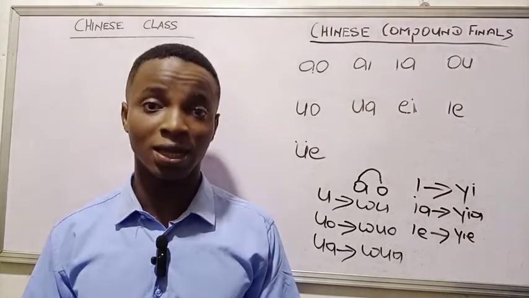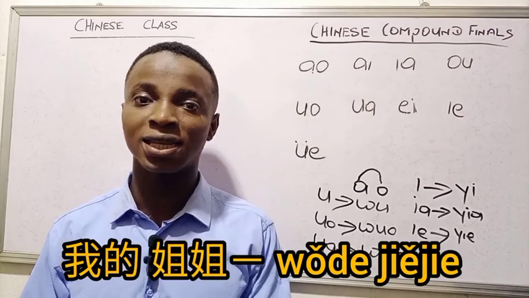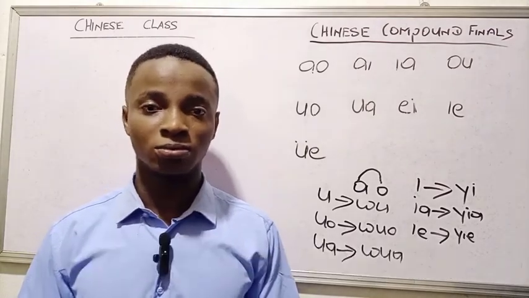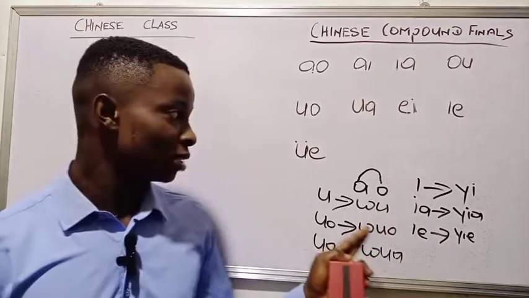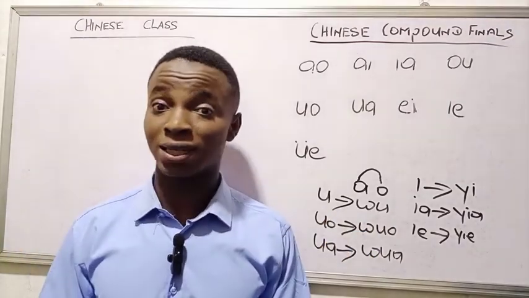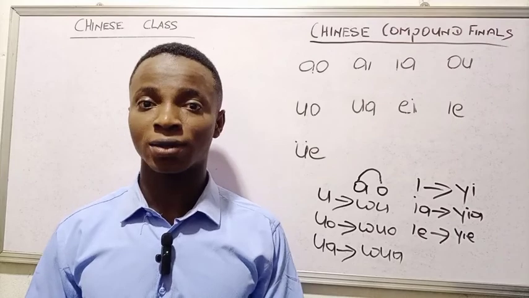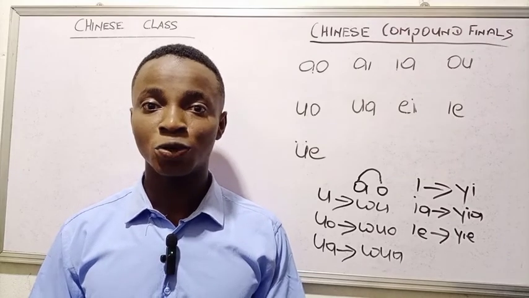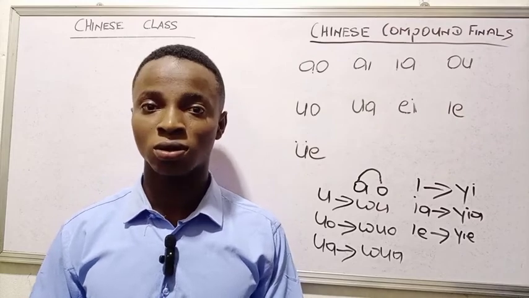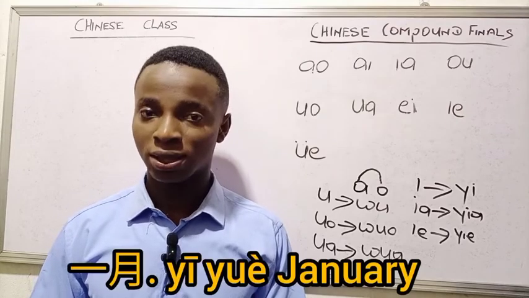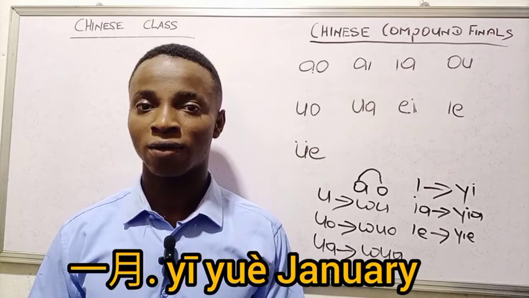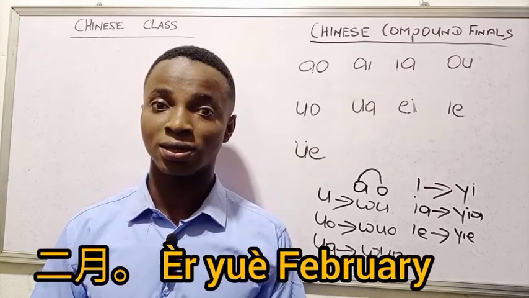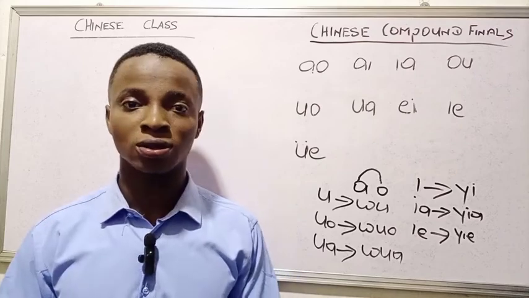My elder sister is 我的姐姐. Nice one. Then the last word we can learn is 月. 月 means month. 一月 January. 二月 February. So that is how it goes.